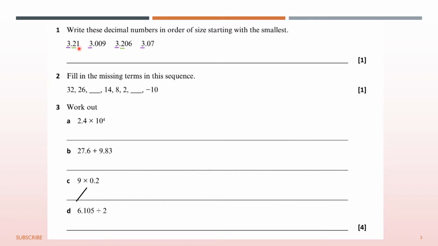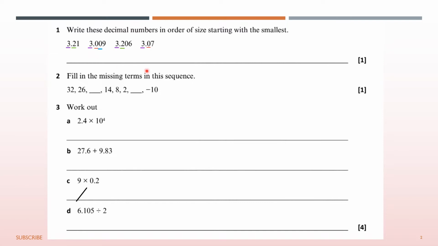These two numbers have 2, the other two are 0. So now we know that these two numbers are smaller than these two numbers. So let's find out which one is smaller between these two numbers. We have to look at the third number.